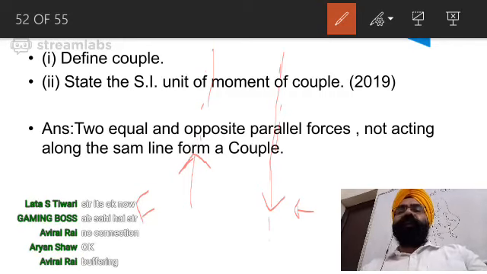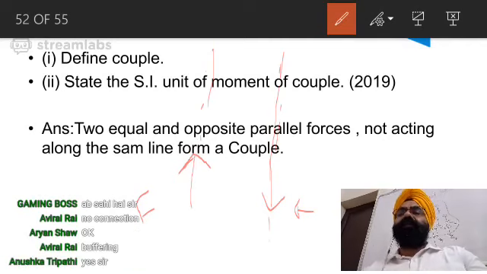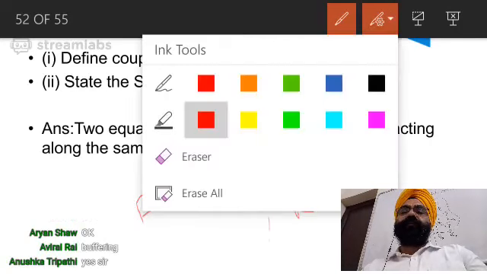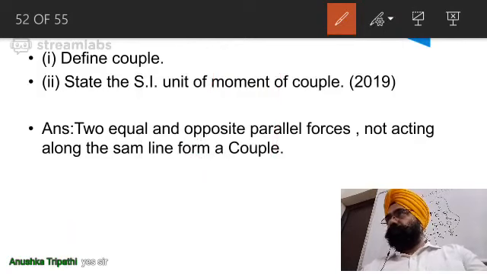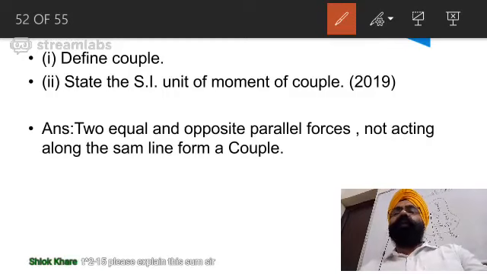How did we find the moment of a couple? What was the formula that we studied? It's not asked in this, but let's just revise. Can somebody quickly write to me? No, give me the moment of couple.